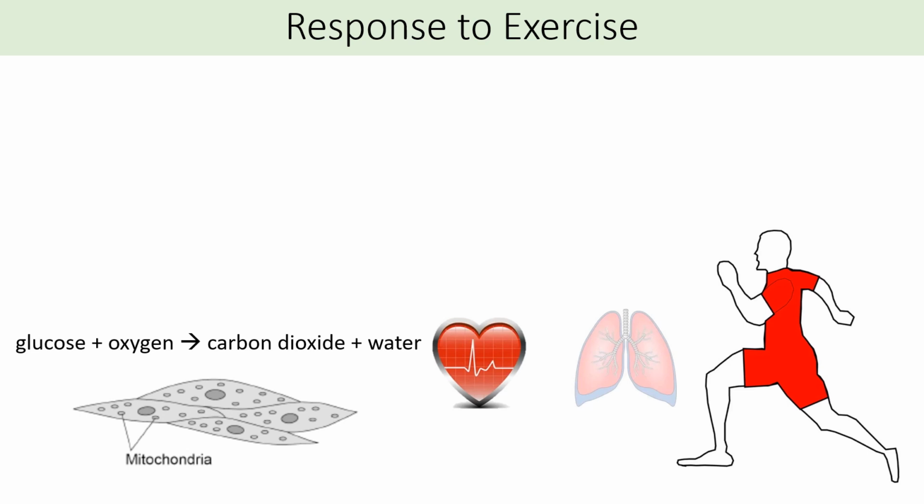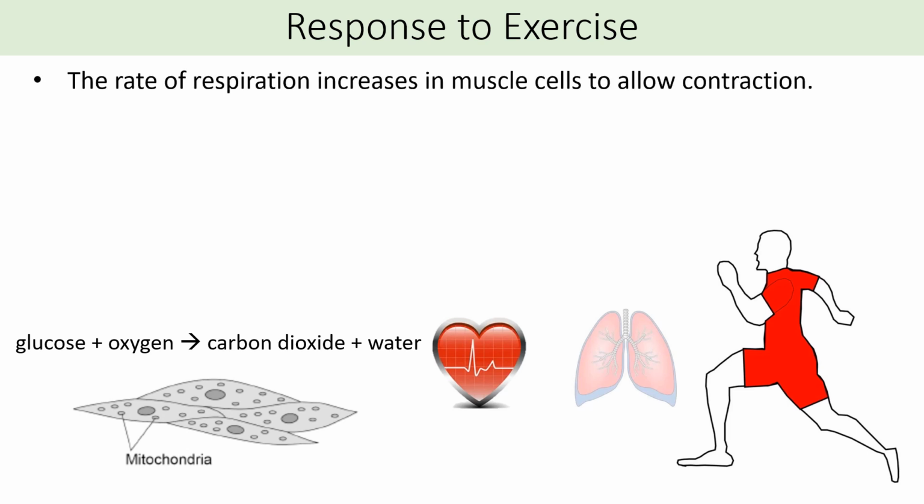So during exercise, we need to understand this key principle, which is about respiration. Glucose and oxygen being required for this and creating these two products, carbon dioxide and water. So the rate of respiration is going to increase in your muscle cells. That allows contraction.